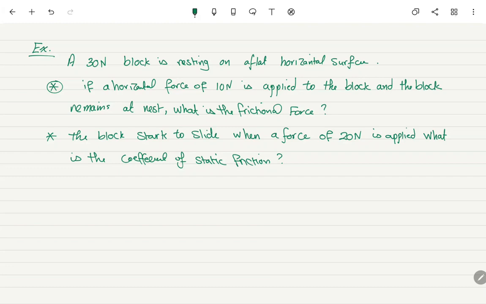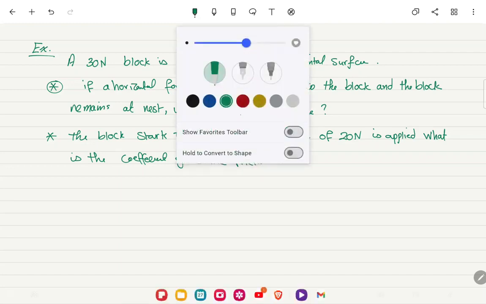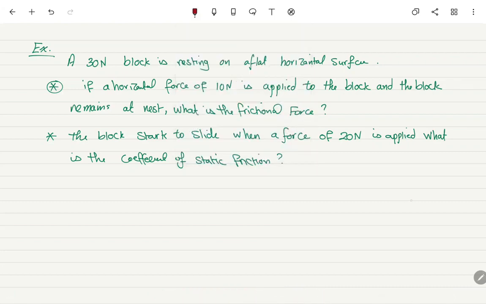Let us consider the first case. We have a block resting on a flat surface. We have F directed this way, and static friction in this case. Here is the weight directed downwards and the normal force.